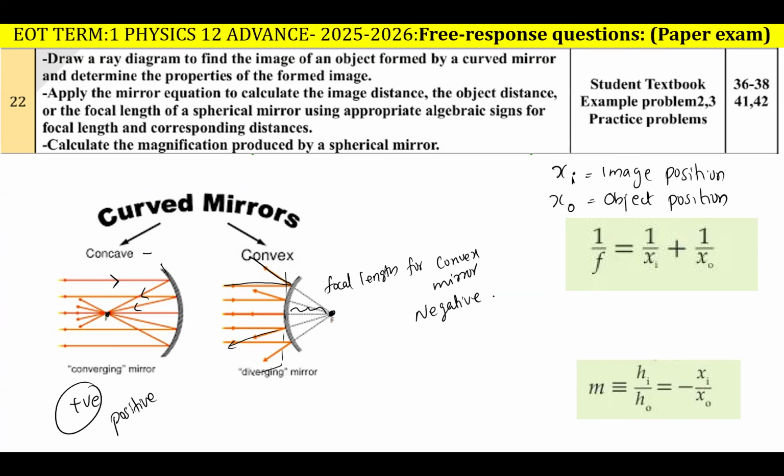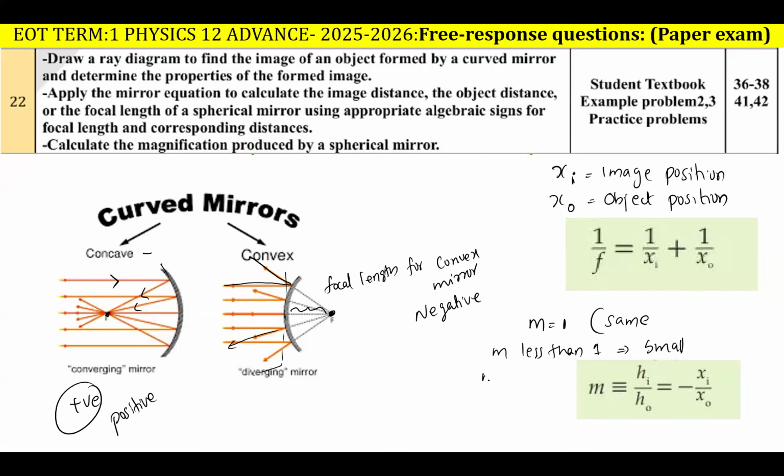All right. And then we can find out the magnification. Magnification M is equal to HI divided by HO, or it can be written as minus XI by XO. If M is equal to 1, the image is the same size. If M is less than 1, the image is small.